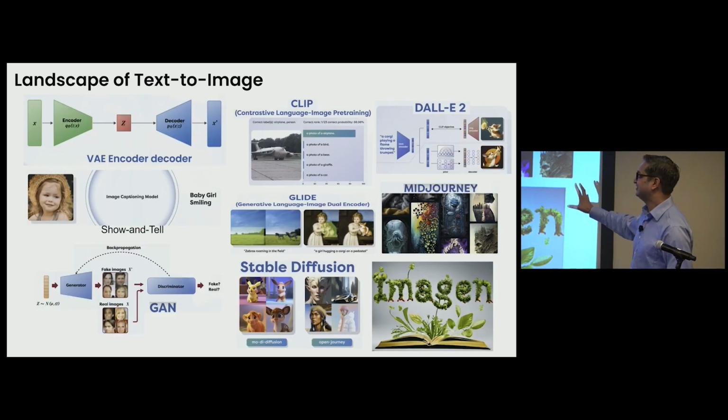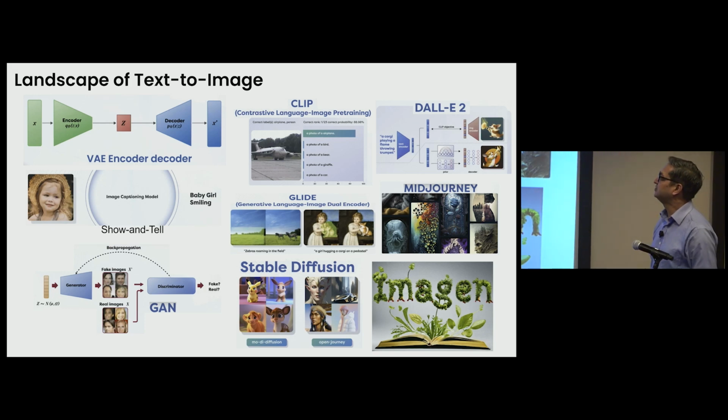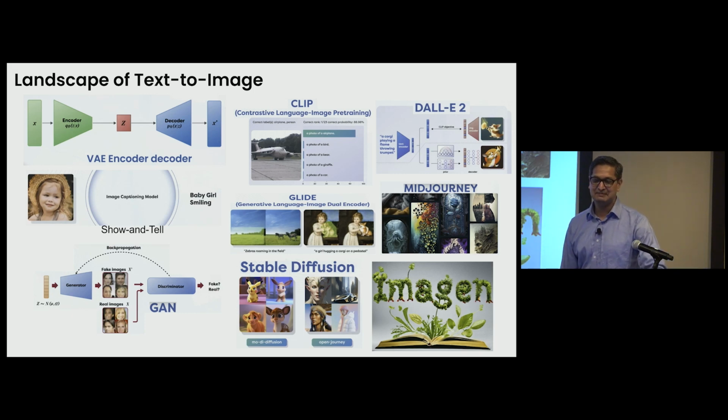Not to overwhelm you with this slide, but I just wanted to share how much innovation has happened in the last maybe 3 or 3.5 years. When the VAE encoder-decoder came, it was a big deal, and there is the CLIP model I was talking about a few minutes ago, Glide, DALL-E, Midjourney, Imagen, Stable Diffusion, and GANs were the original grandfathers of generative AI.